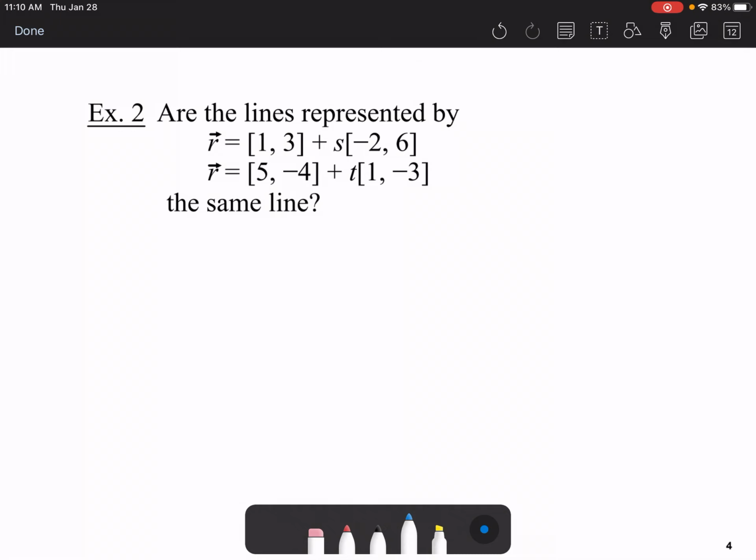So r is either (1, 3) plus s times (-2, 6), or (5, -4) plus t times (1, -3). Well, what you might notice is these two directional vectors right here are collinear.